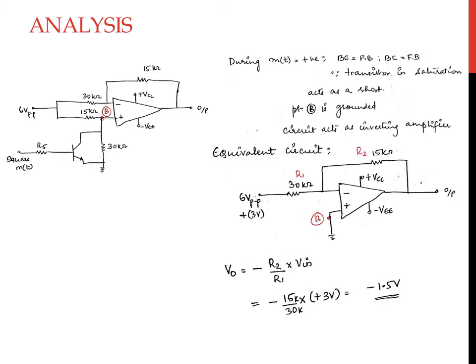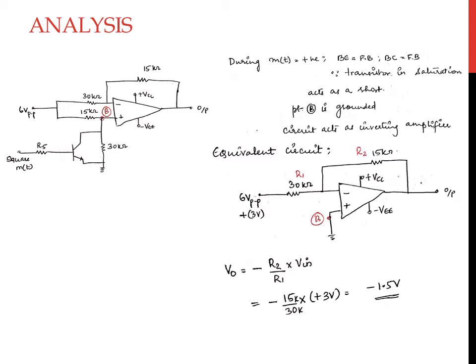When m of t is positive, the NPN transistor will have its base emitter and base collector junctions forward biased. Hence the transistor will act as a short, as it is operating in the saturation region. The point B will be grounded and the equivalent circuit is an inverting amplifier circuit.